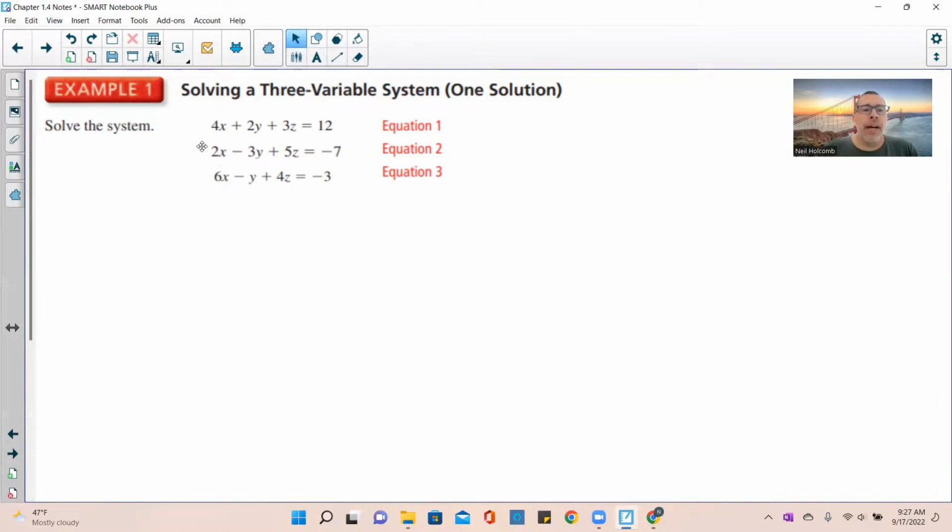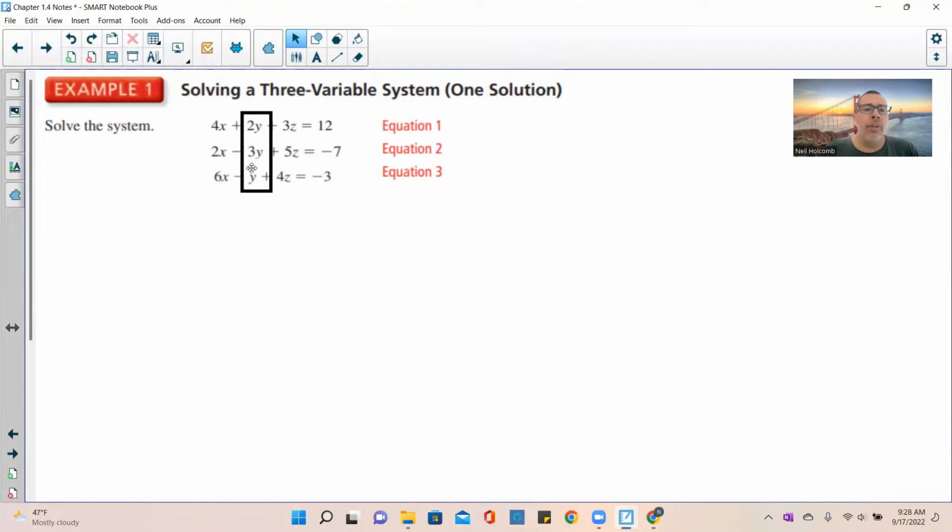So we have three equations here. The first thing I always look at when I am trying to solve a problem is, are there any matching coefficients? Okay, the term in front of the variable. So 4 and 2 and 6 are all different. Nothing matches. So then I move over to the next group and I look at the y's.